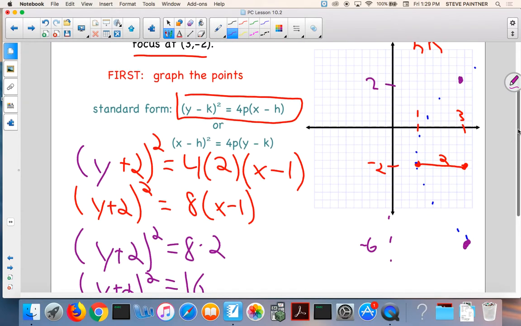General look of our parabola is just like that. Questions thus far? Slight modification of the things we were doing yesterday. Just moving our vertex.